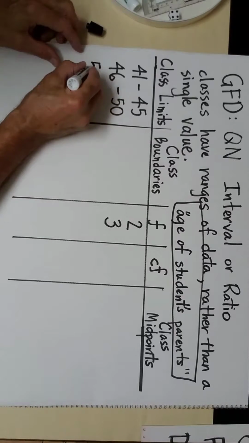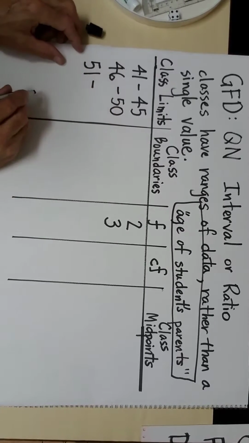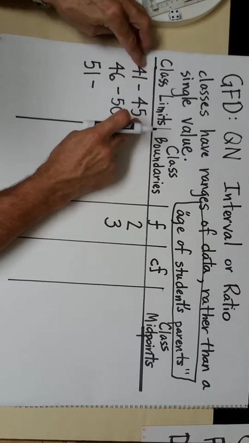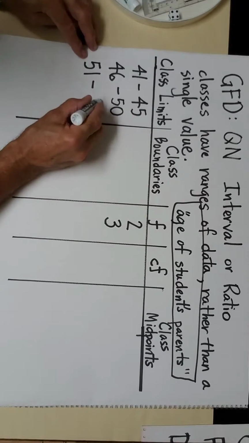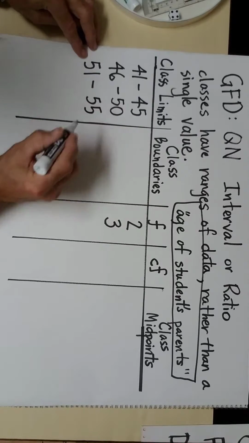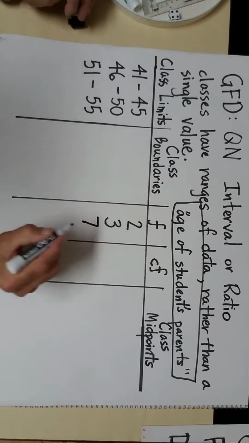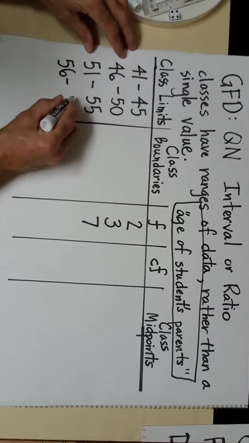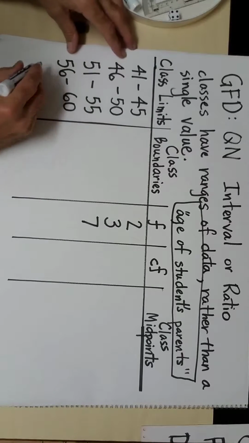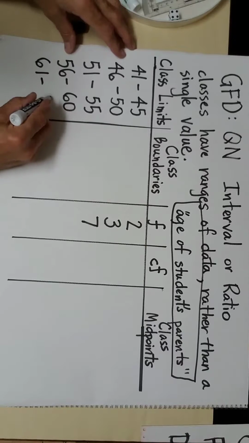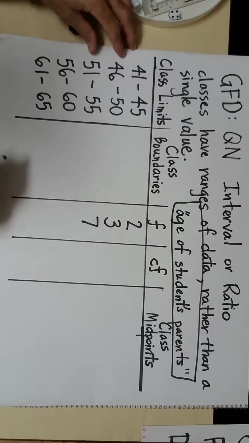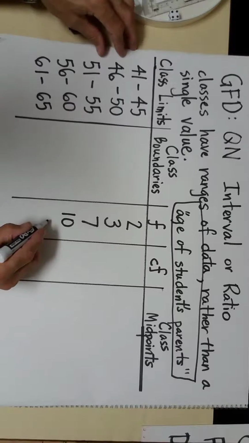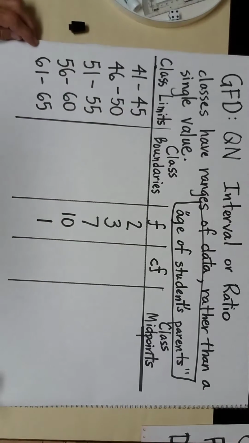The next group would start at 51. This started at 41 and went to 45, so this starts at 51 and goes to 55. And there's 7 parents in this group. Then 56 to 60, and finally 61 to 65. We'll say there's 10 parents in this group and 1 parent in that group.